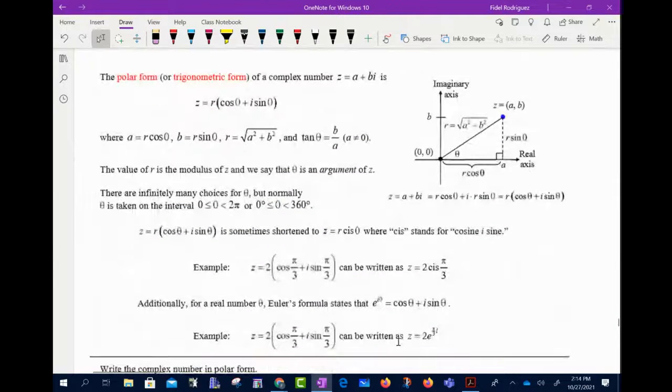So the polar or trigonometric form of a complex number z equals a plus bi is z equals r cosine theta plus i sine theta, where a is r cosine theta, b equals r sine theta, r is the square root of a squared plus b squared, and the tangent of theta is equal to b divided by a, as long as a is not 0.